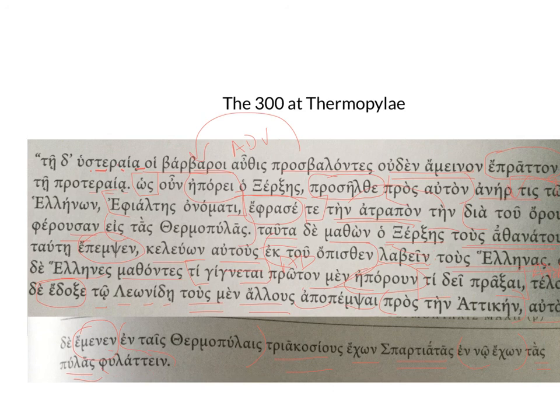Telos, but at last, edoxe to Leonide, it seemed best to Leonidas, tus men allus apopempsai pros ten Attiken, to send the others, to Attica, autos de emenen, but he waited, en tais Thermopylais, at Thermopylae, triakosious echon Spartiatas, having 300 Spartan soldiers, en noi echon, intending, or literally having in mind, phulattein, to guard, tas pulas, the gates.